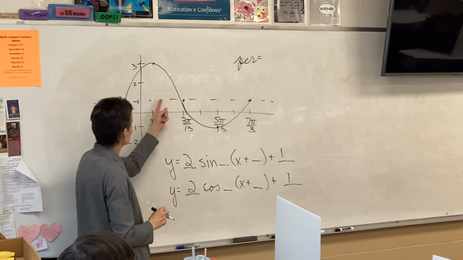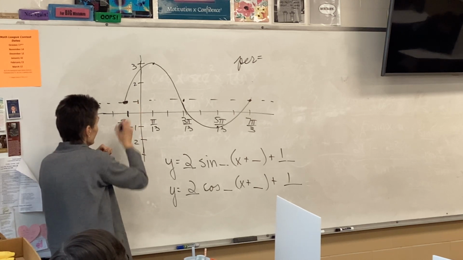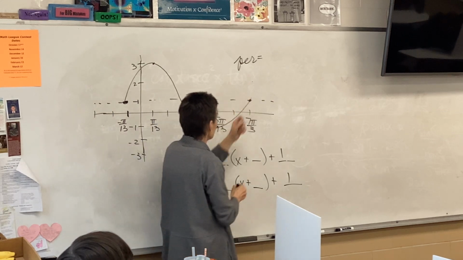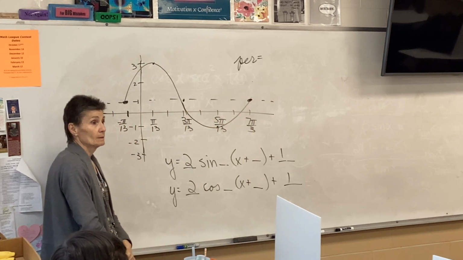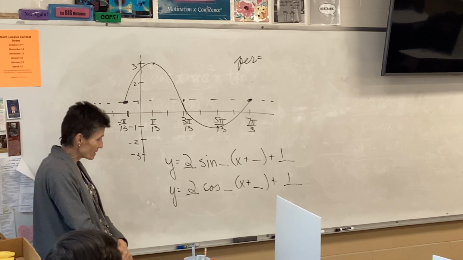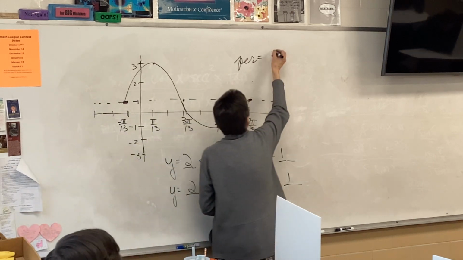Everything's evenly spaced. So negative, here's the point right here. Negative pi over 13, there's a hill and a valley stopping at 7 pi over 13. That's a period. So what is the period? 8 pi over 13.